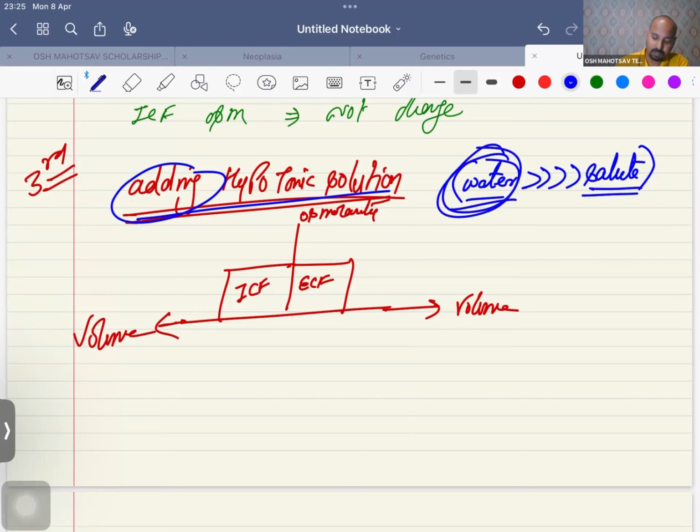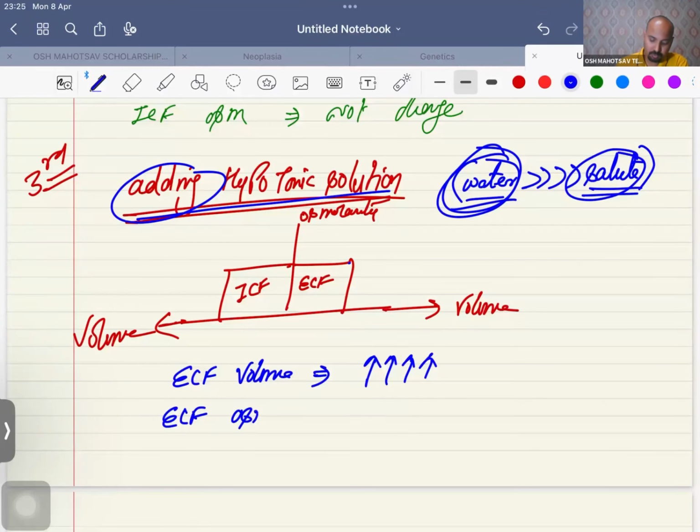Suppose we are adding water here, it means ECF volume will definitely increase. And what about ECF osmolarity? We are adding more water and fewer solutes, it means ECF osmolarity will decrease.